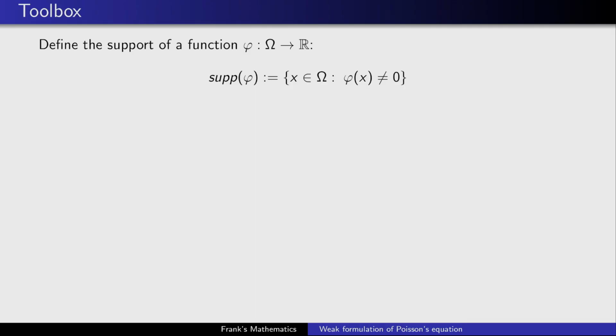We start by building our toolbox. We first want to define the support of a function phi which goes from our space omega to the space R. We gather all the points in our domain where the function phi is non-zero, and we call this set the support of phi.